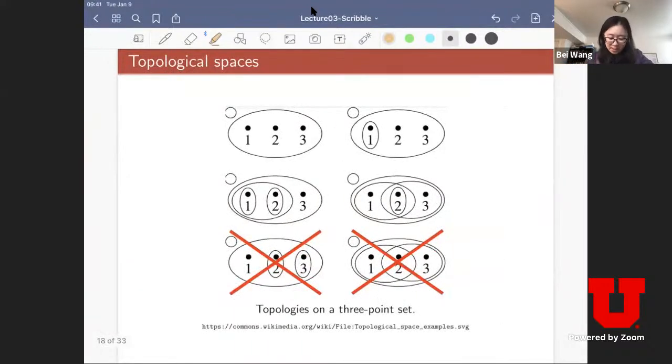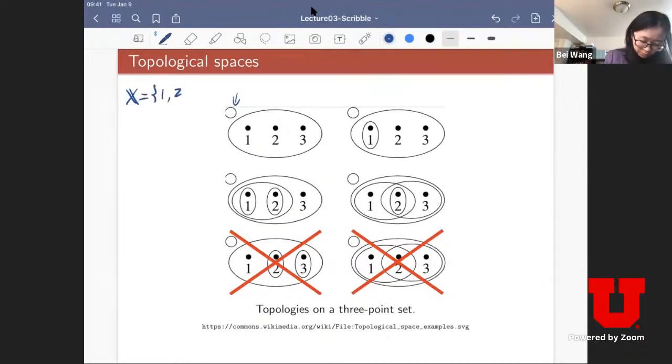All right. So here is a bunch of examples where I am using this symbol to represent the empty set. Okay. And what we're looking at is a 3-point set. So your 3-point set X is 1, 2, 3.